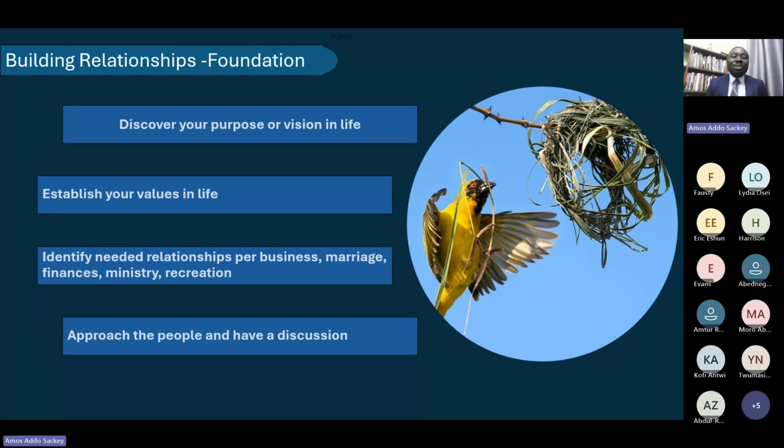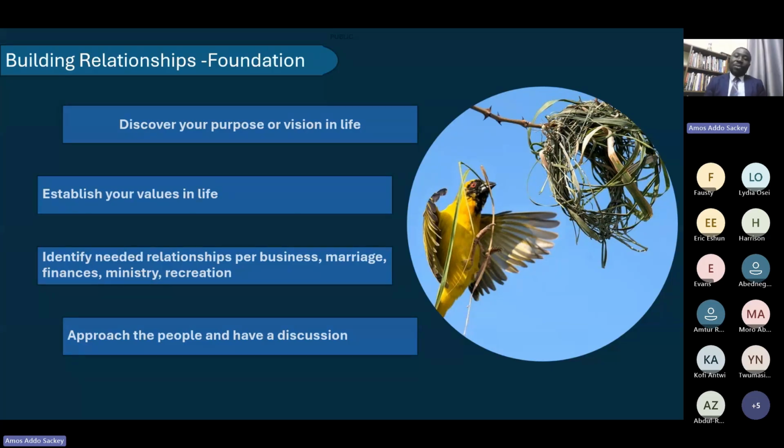There can also be relationships that will help you in ministry. There are relationships that are built for marriage, whether you are the one choosing to marry someone or you are married and you are looking forward to be mentored by some other senior people.